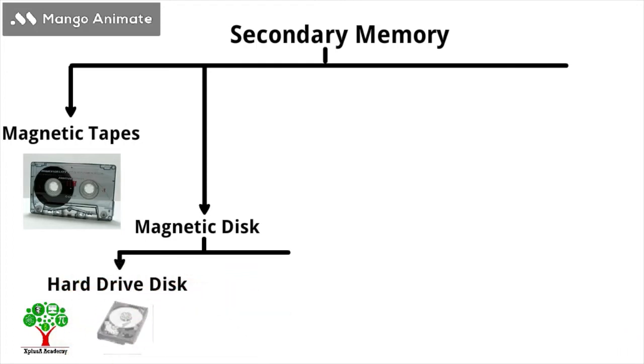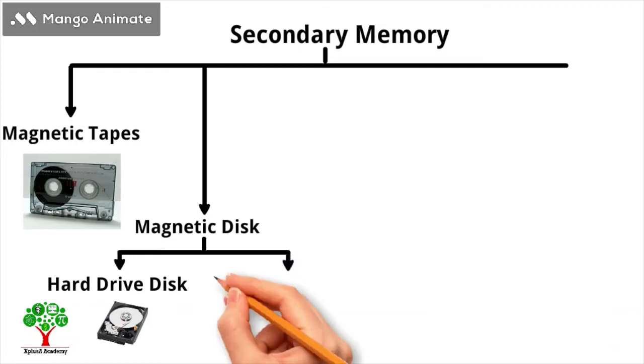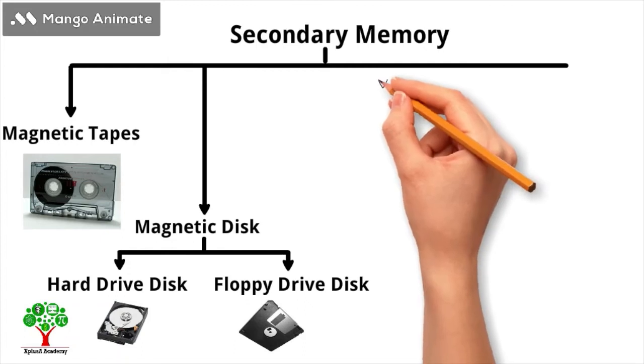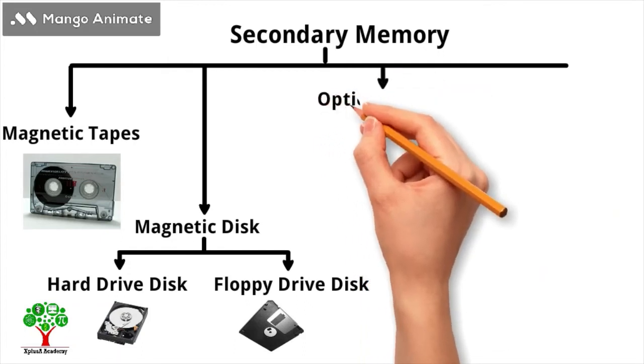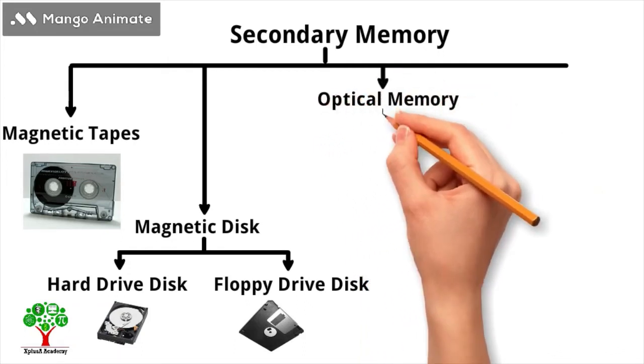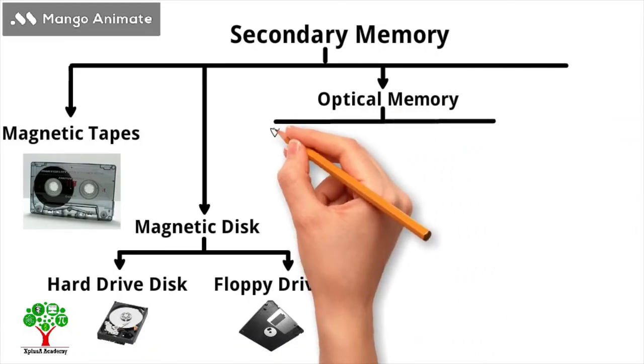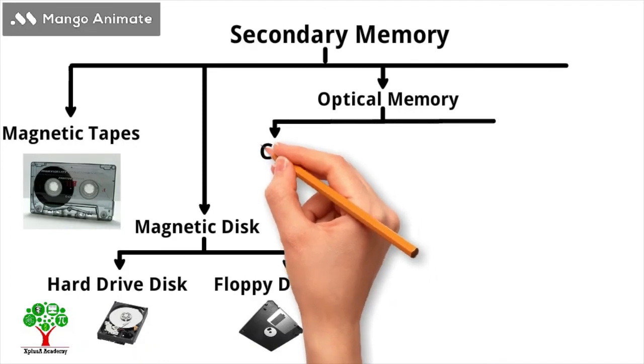IBM first introduced it as an 8-inch diskette in 1971. Then later on came optical memory, a molded plastic disc containing digital data that is scanned by a laser beam for the reproduction of recorded sound and other information.